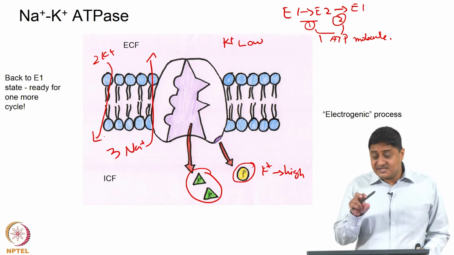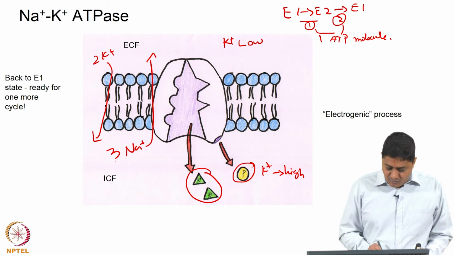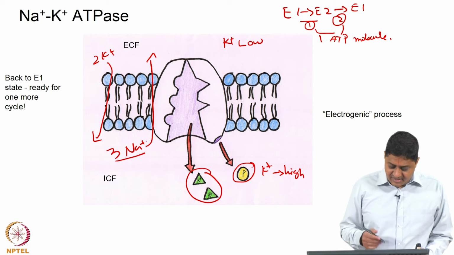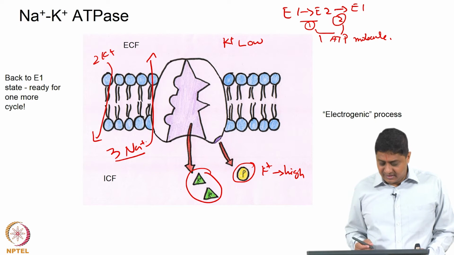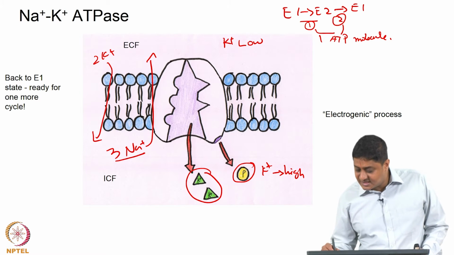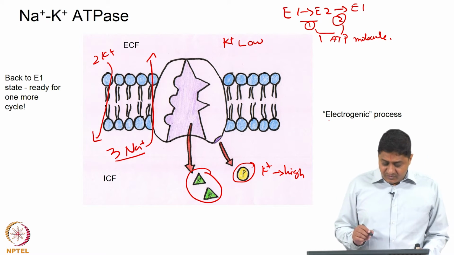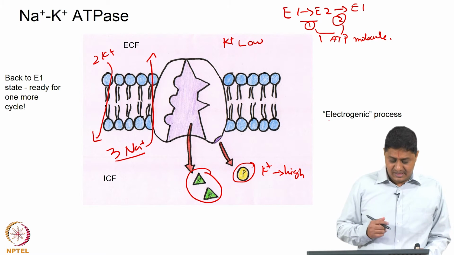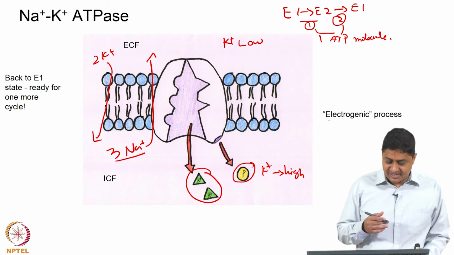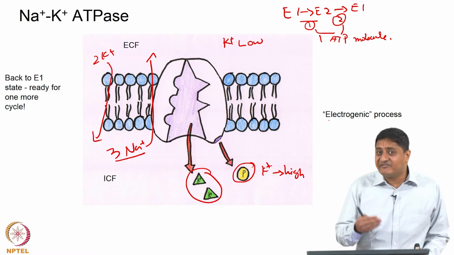Effectively, each cycle of this pump makes the inside of the cell a little less positive or a little more negative. So, this is an electrogenic process. One more time: since 3 sodium ions are transported from inside to outside and 2 potassium ions are transported from outside to inside, effectively one positive charge has left the cell.